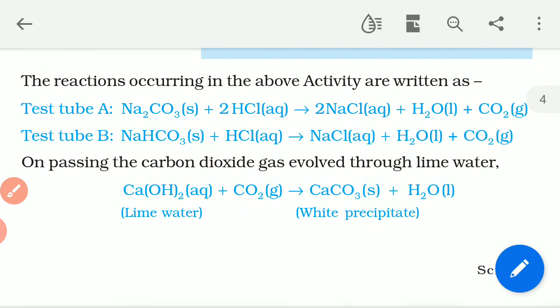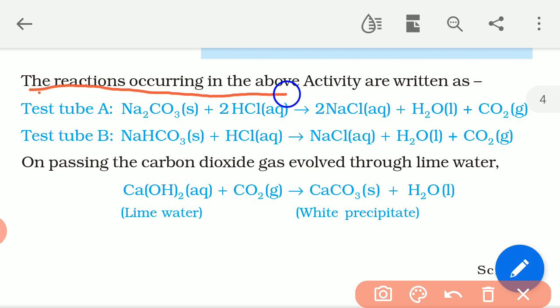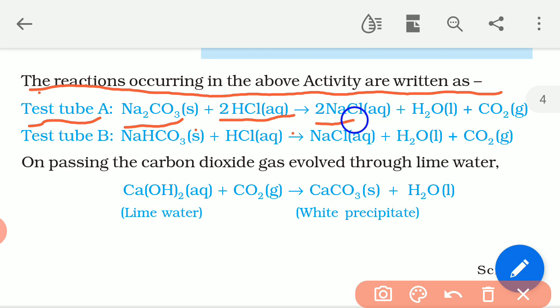Now we see it with the help of the chemical reaction. The reaction occurring in the above activity is written as: test tube A, sodium carbonate in solid form plus hydrochloric acid in aqueous form forms NaCl, meaning salt, plus H2O, water, and carbon dioxide is formed.